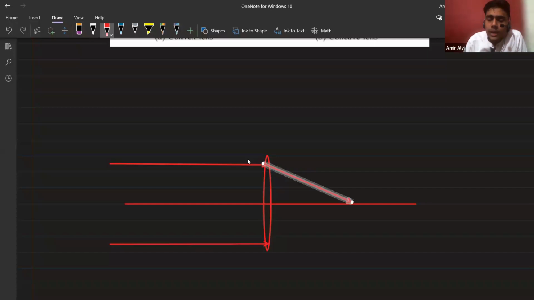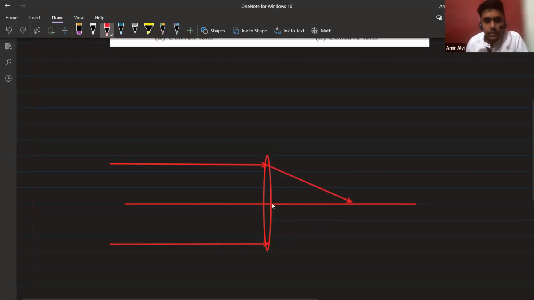Why is everybody so silent? Is that clear to everybody? Yes, sir. Okay, just a second. And another ray will get refracted in this manner. Yes or no? Yes, sir.